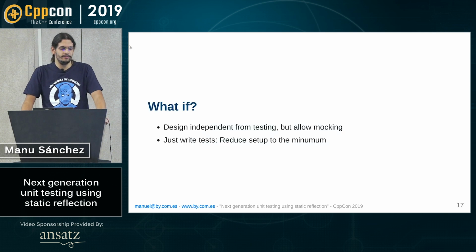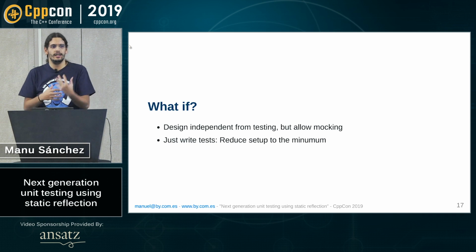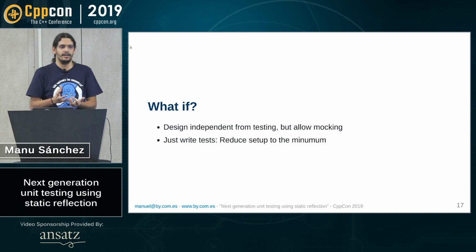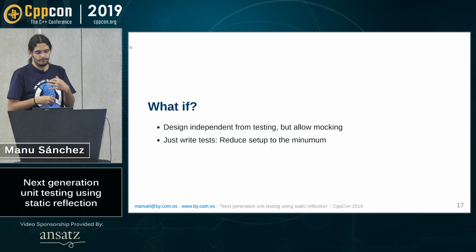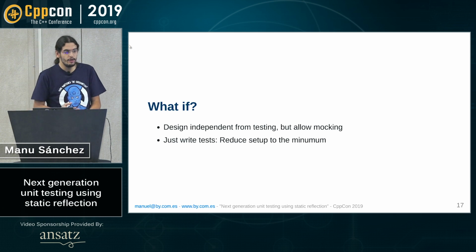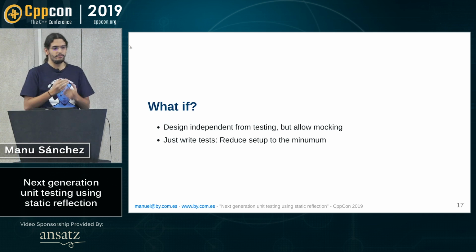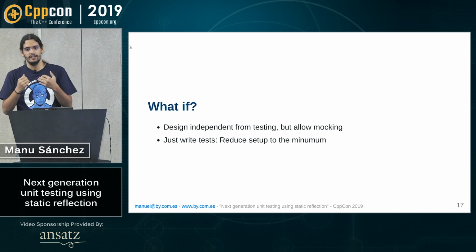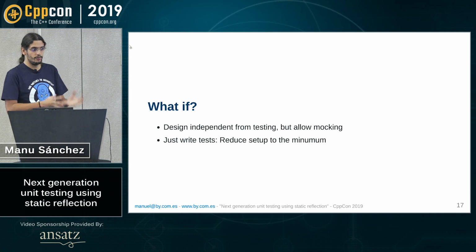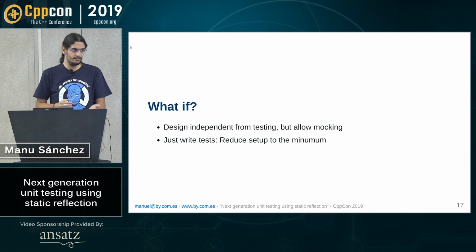So what if we can have everything good about unit testing, about mocking, about dependency injection, without the big problem of dependency injection, that is changing your code to adapt it to testing and mocking?